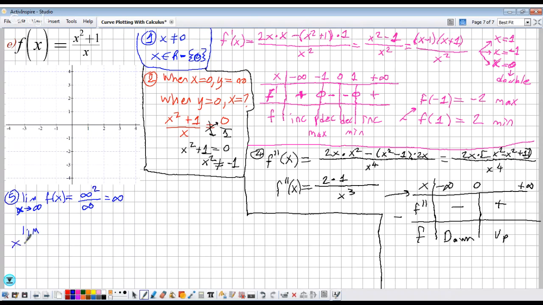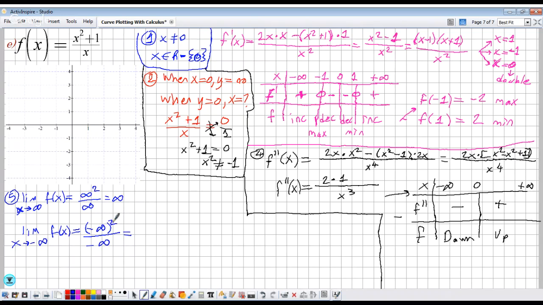And the limit when x goes to minus infinite, let's put minus over there, f of x. So we only compare the highest powers, which is minus infinite squared over minus infinite. I'm sure that it is going to be infinite. I'm only looking for whether it will be plus or minus.